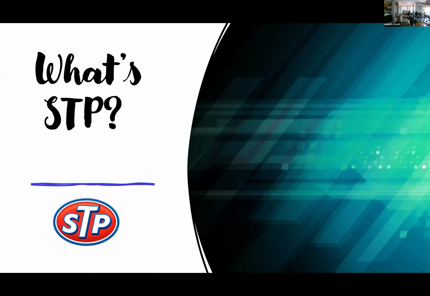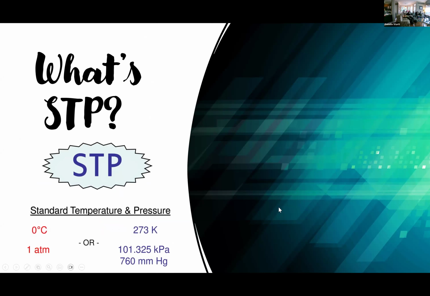Reminder: STP, not this STP, is standard temperature and pressure. In this case, when we're dealing with gases, we do it at 0. Do you remember a couple weeks ago, we were talking about enthalpy and STP, and it was roughly what temperature?